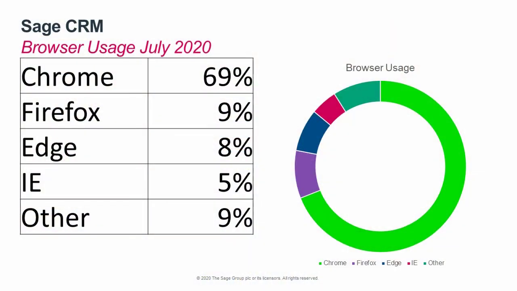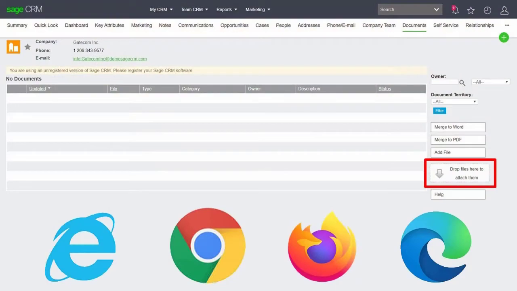But there are still a lot of customers who are using IE, and one of the reasons was because there was certain functionality that only worked in IE. So the last couple of versions of CRM are far more browser agnostic, and you can now do almost everything in Firefox or Chrome, and you don't need IE anymore.